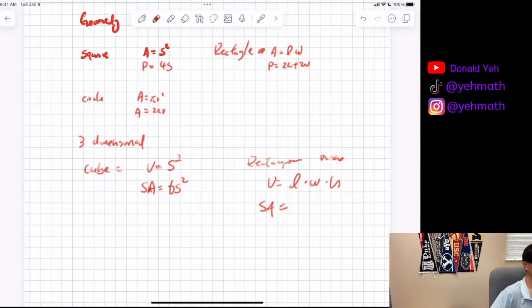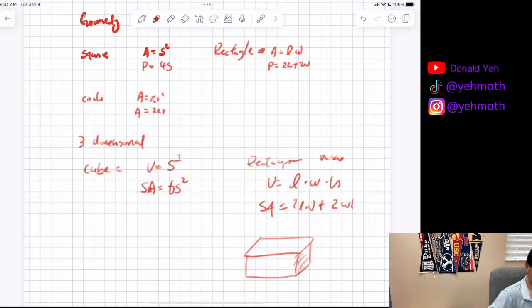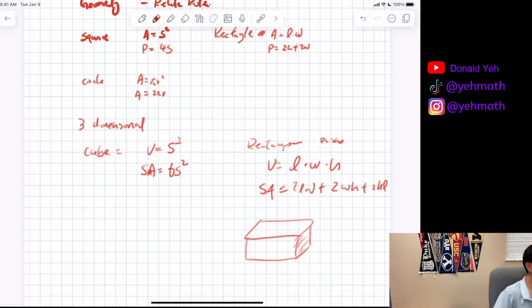No. Oh, okay. 6 sides. Draw it out if you have a problem with it. They are 2LW plus 2WH plus 2 what? HL, right? Very important for optimization. You're going to use it later.